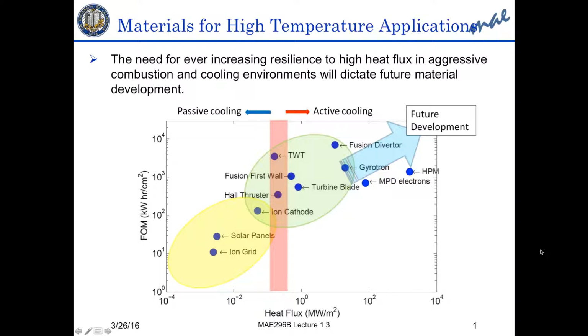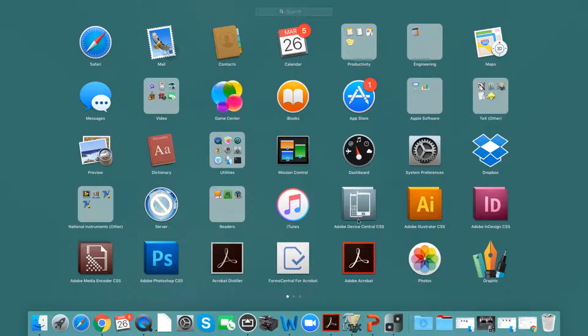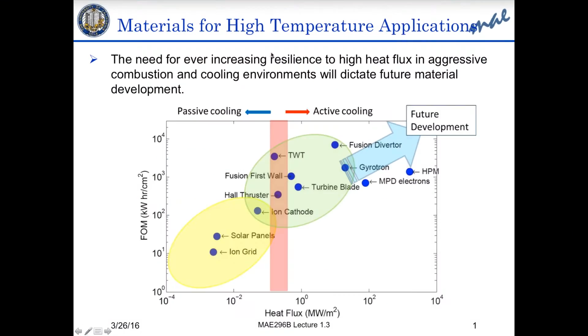This chart shows you a figure of merit, shown in kilowatt hour. The kilowatt hour is a unit of energy we have in our electric consumption. For example, an average house consumes about 20 to 30 kilowatt hour per day for the whole house in electric.